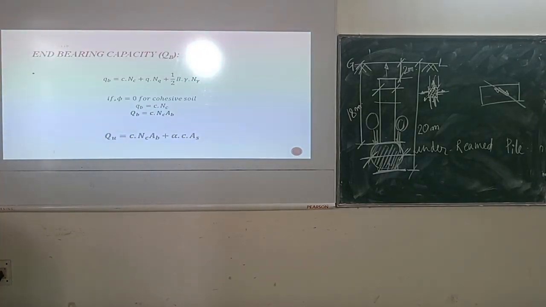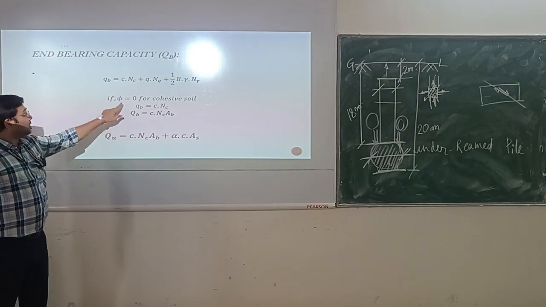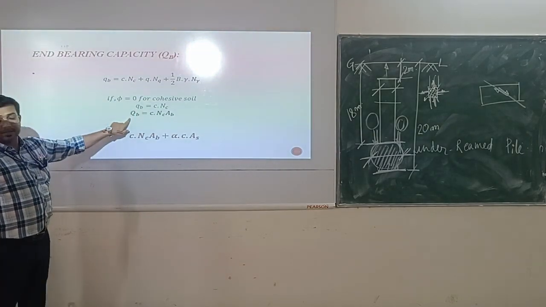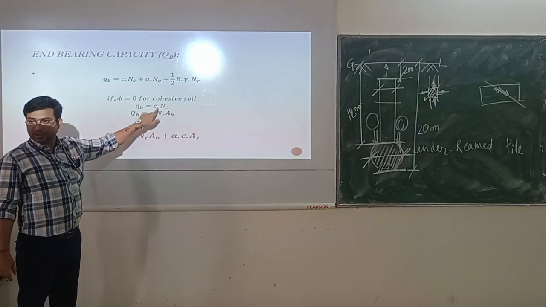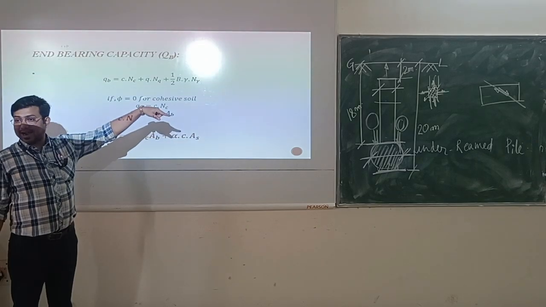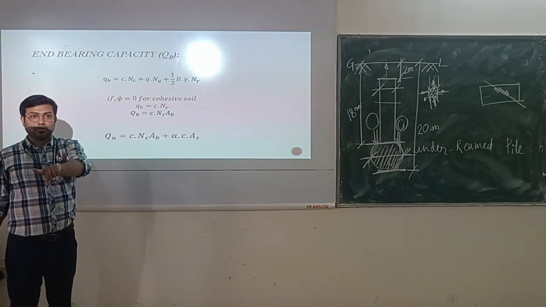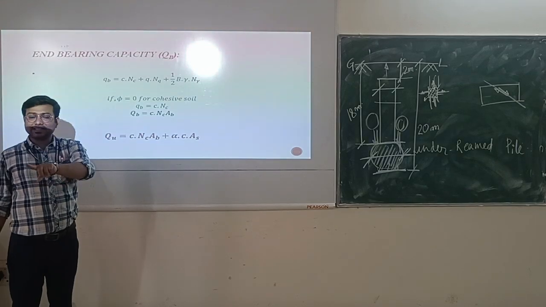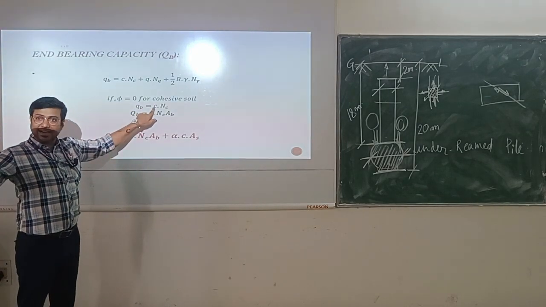This Qb, only two parameters, only c and Nc. So you need c, no? So c is given as the undrained shear strength. Undrained shear strength is given to confuse you. That undrained shear strength is nothing but this c. Is that clear now to all of you?